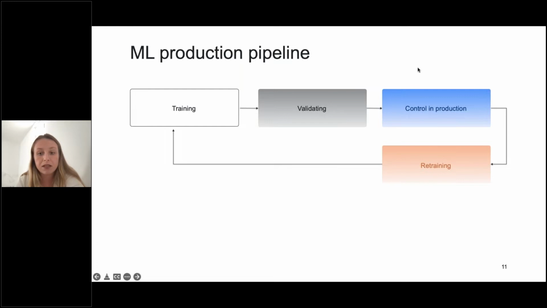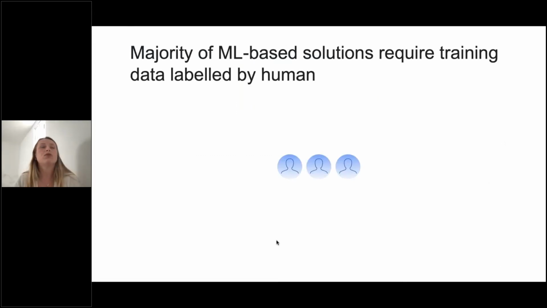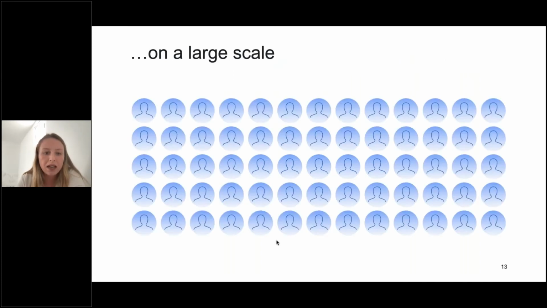And if they deviate somehow, we retrain our algorithms, and this cycle continues. However, what many people do not realize is that all of those steps require human labeling. And this is not just a few human labels. Actually, it's human labeling on a large scale.